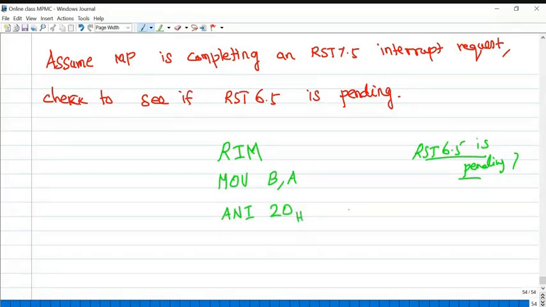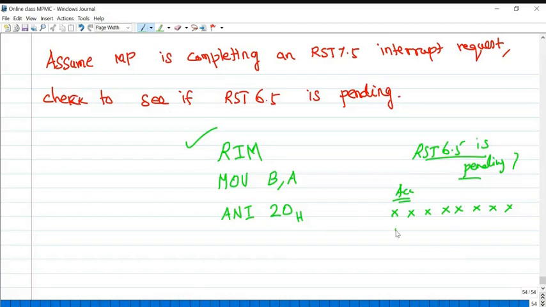I don't know what the accumulator status is. While executing the RIM instruction, we have to write the program first, to check whether RST 6.5 is pending or not. So now I'm performing a logical AND operation between the accumulator and 20.